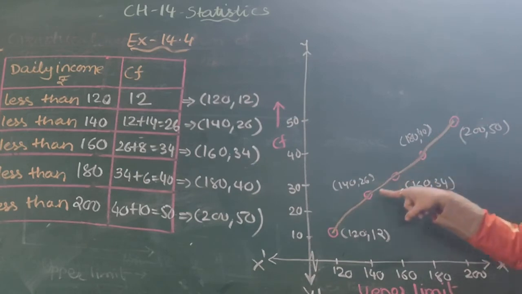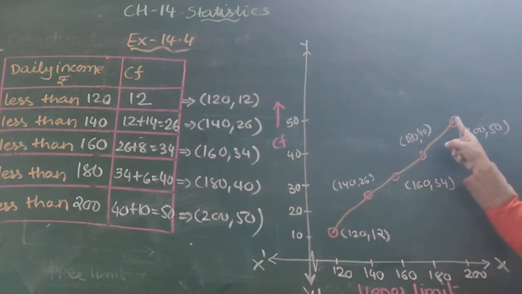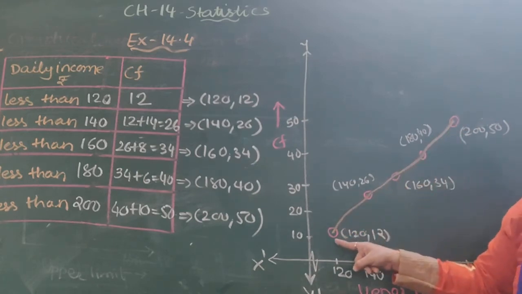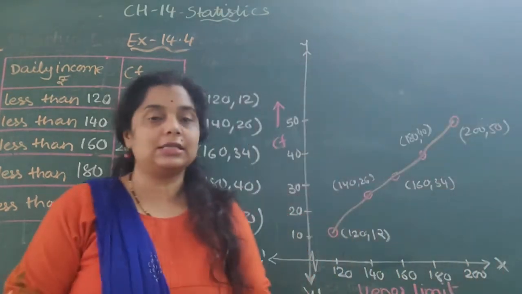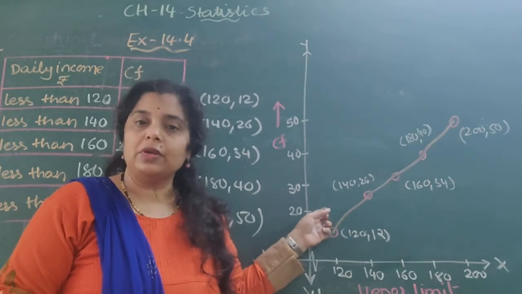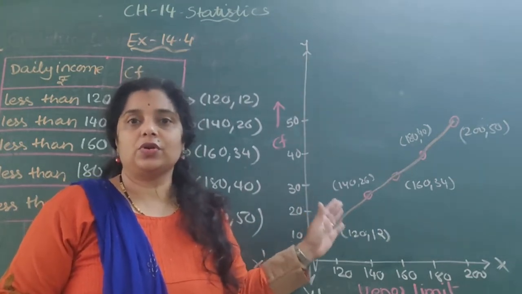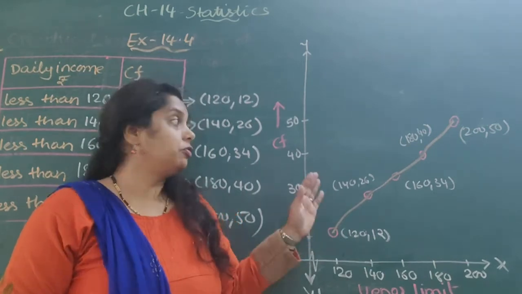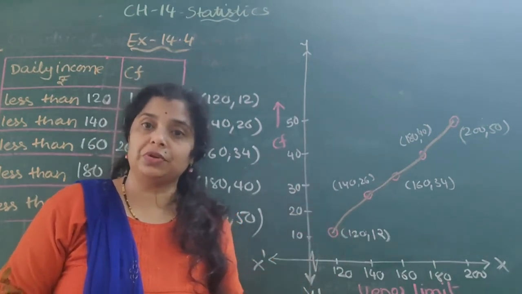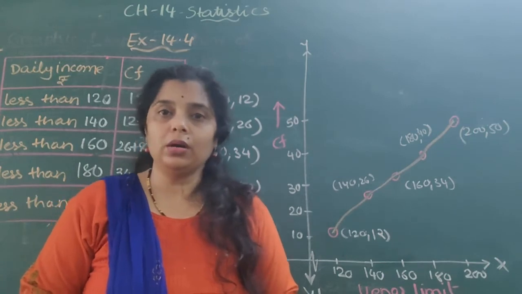If you join the points, you can see that the graph is like this. This is a less than type graph, and we call this an ogive, related to the cumulative frequency distribution given in question number 1.